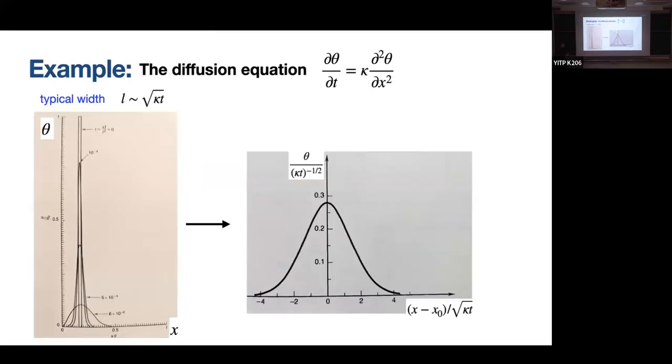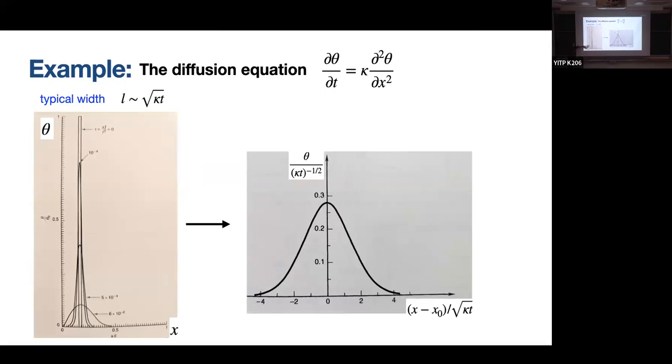Maybe the most popular example that everyone knows is the self-similar solution for the heat diffusion equation. This is just a simple diffusion equation for the temperature, where theta is the temperature and kappa is the diffusion coefficient.